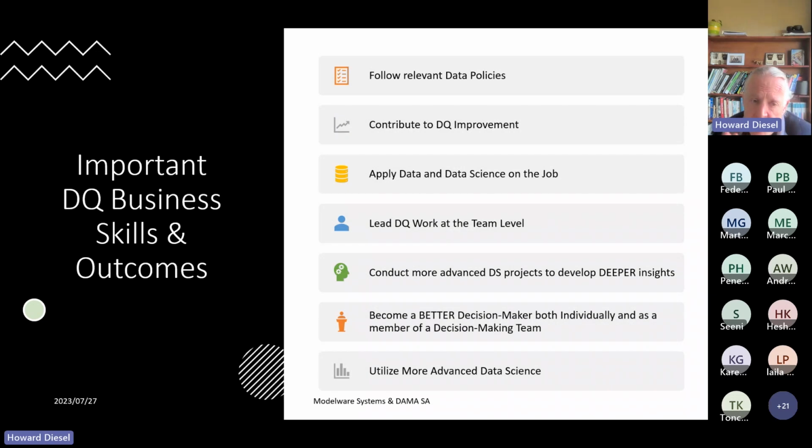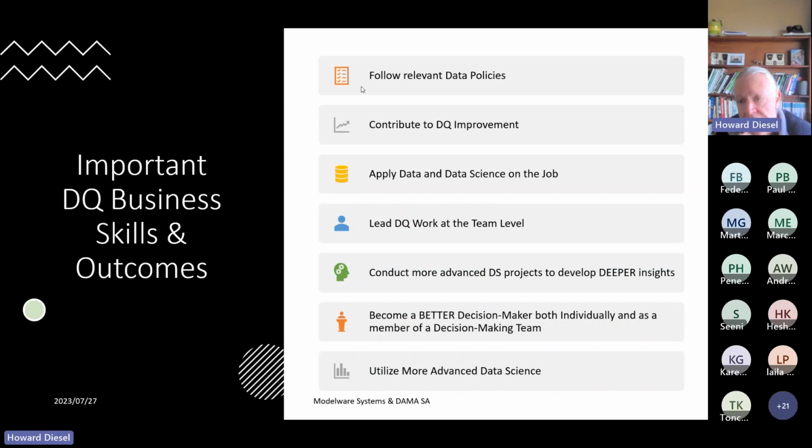Now, this is part of the ability that we feel people need to be able to work with. Can you see there that the first level is what we call our data citizens, that they can use data according to the policies, so they can follow the policies.